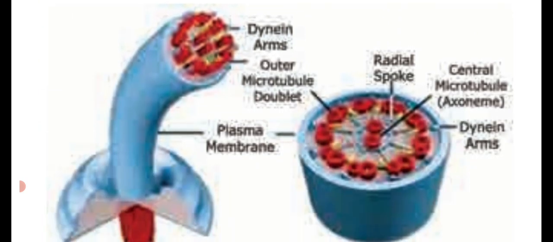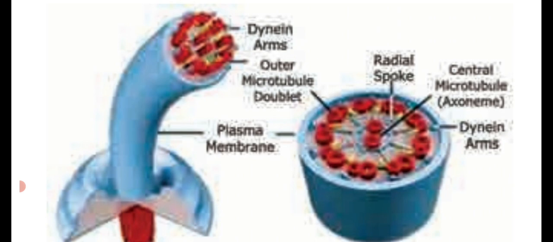See the structure. At the center there are 2 pairs of microtubules. On the outer surface, 9 pairs of microtubules. The central microtubule contains the axoneme and also dynein arms. They are surrounded by a plasma membrane.